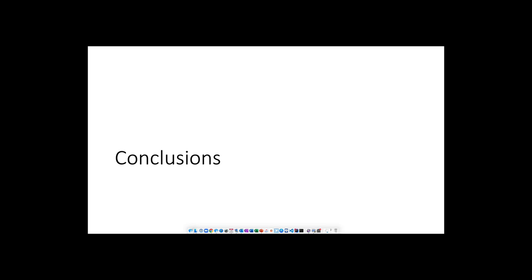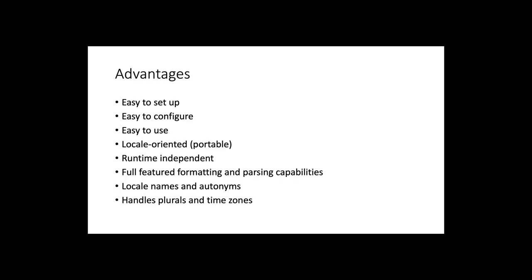Now that we've looked at the demos, let's wrap things up by briefly discussing the advantages and disadvantages of using the international language regional locale distinction in general and the implementation in i18n Locale in particular. The chief advantage of i18n Locale, in my view, is that it provides an easy to set up, easy to configure, and easy to use internationalization and localization solution that any competent web application developer can understand.